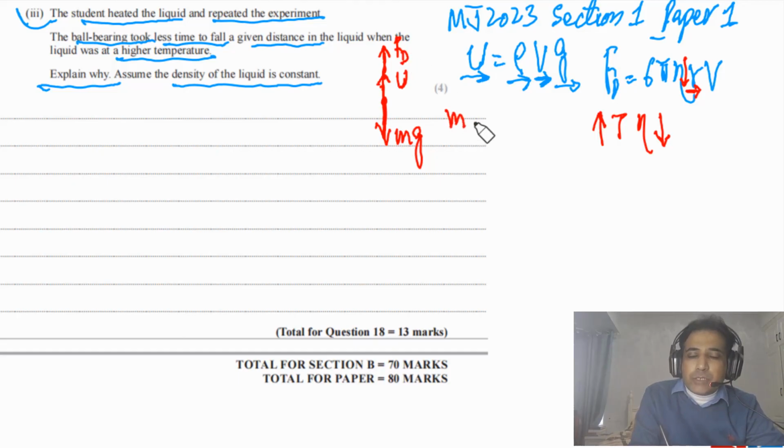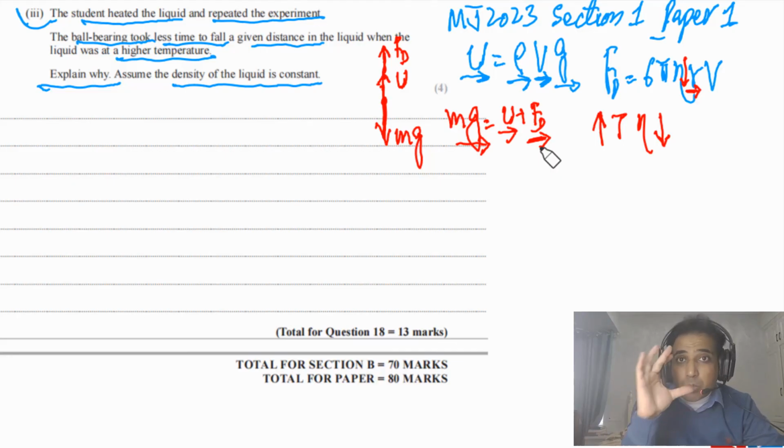So from here we can say mg is equal to U plus Fd. So when it is falling at terminal velocity, as this remains constant and this is also constant, this also has to remain constant. So this is the logic why drag force has to be constant, because most of you will be struggling with this one, why drag force is constant.